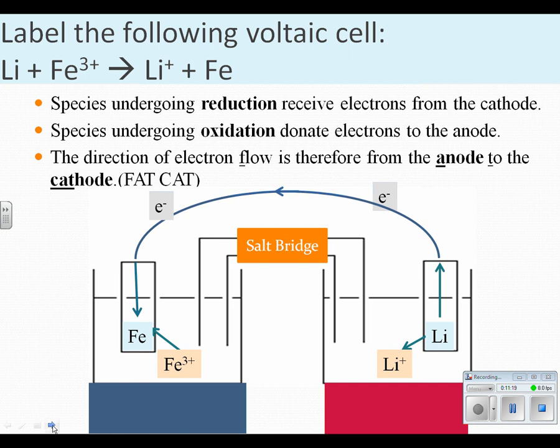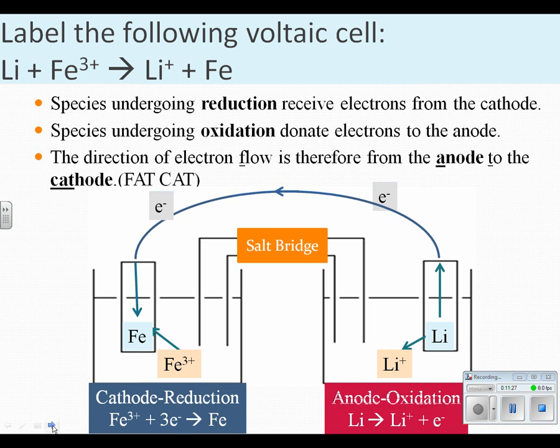So this is our cathode, where our reduction occurred, and this is the anode where the oxidation occurred. The anode donates the electrons from here over to here. This one received 3 electrons, and this gave off 1 electron. So this is the receiver, this is the giver.